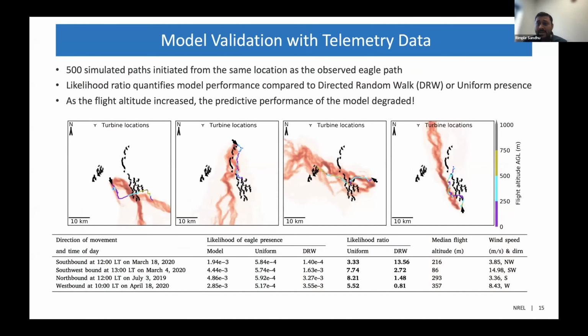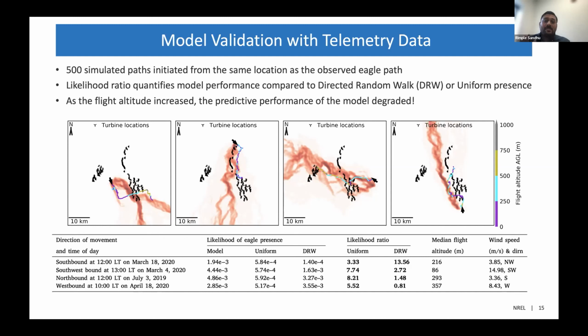So we want to validate it. We chose 4 tracks from the telemetry data that we thought were using orographic updrafts, and then we simulated the tracks from the SSRS, and we compared the two. We designed the likelihood ratio, a quantitative parameter that will tell you how good your model is compared to the real track. And we noticed that our model performed really well, except when the altitude above ground level of the observed tracks was higher.